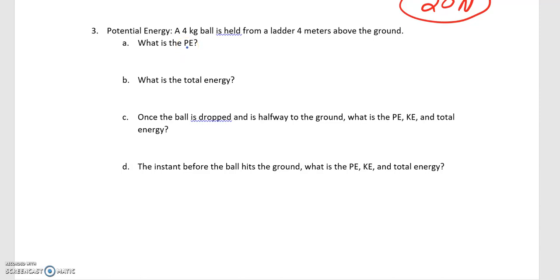Well, our formula for potential energy says that we have to take the mass times the gravity times the height. So in this situation, we take our mass, 4 kilograms, times gravity. I'm going to go ahead and use 10 for this one, times our height, which is 4 meters.